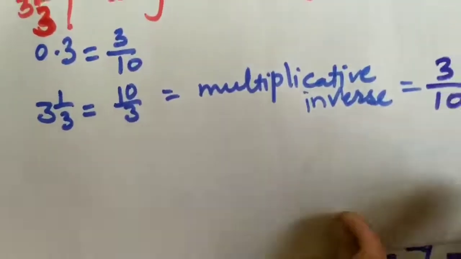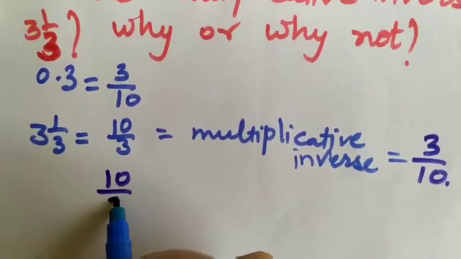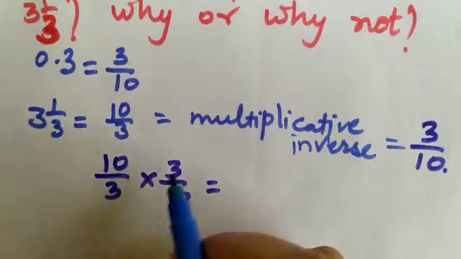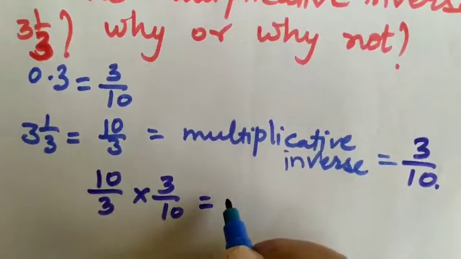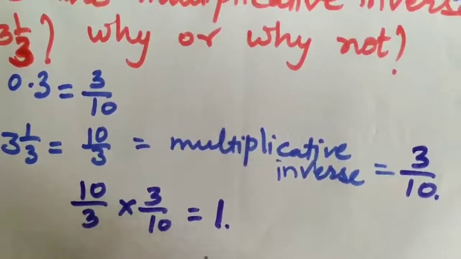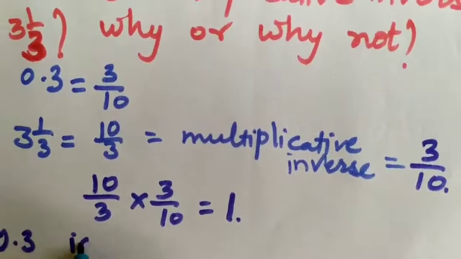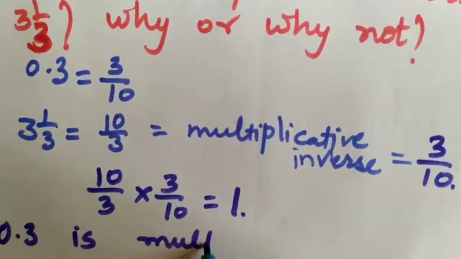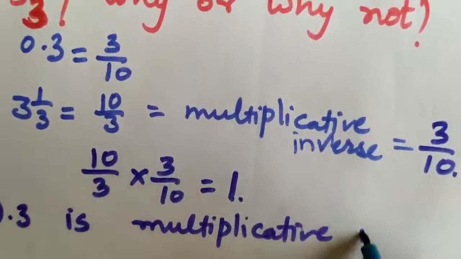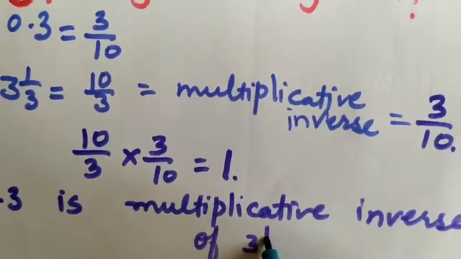Now we will multiply both, 10 upon 3 into 3 upon 10. The answer is 1. 3 3 will be cut, 10 10 will be cut. So when the product of the two is 1, then we can say that 0.3 is the multiplicative inverse of 3 integer 1 upon 3.